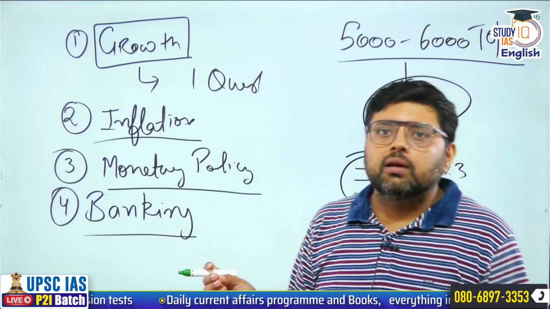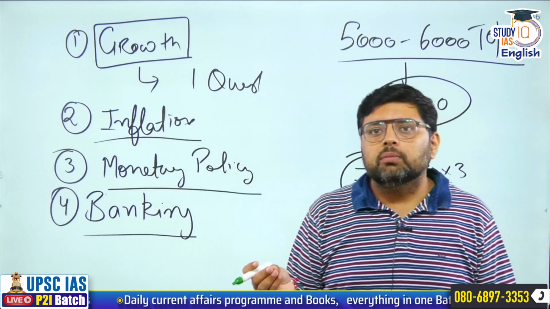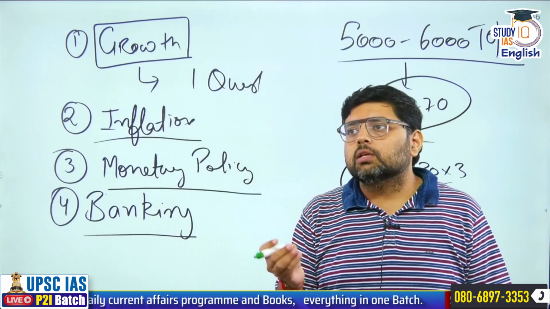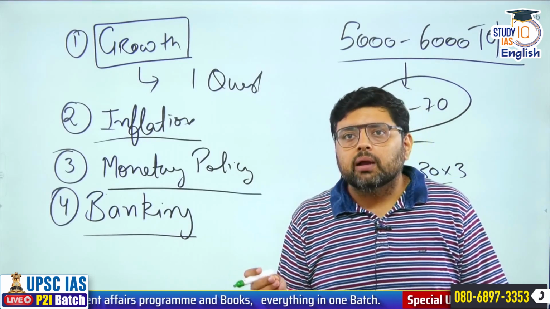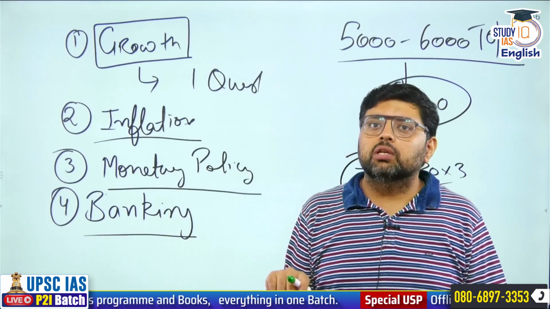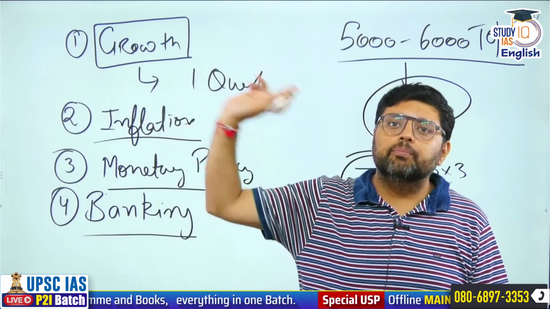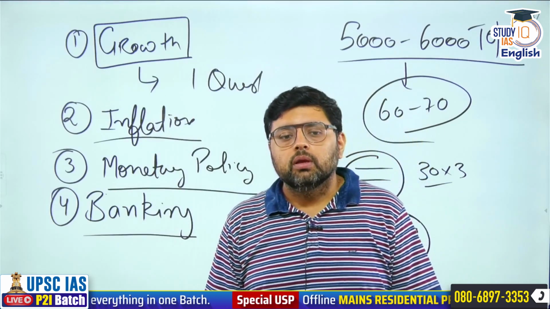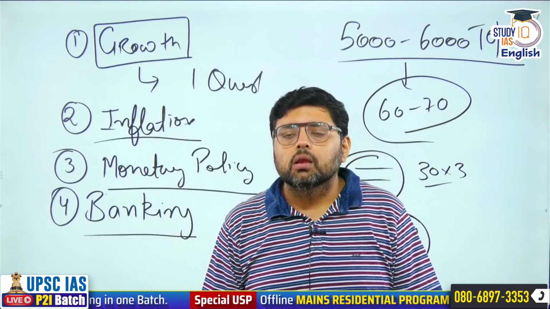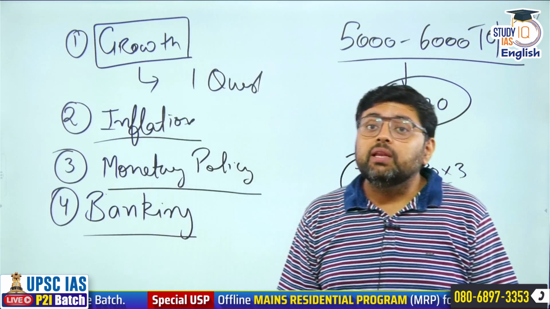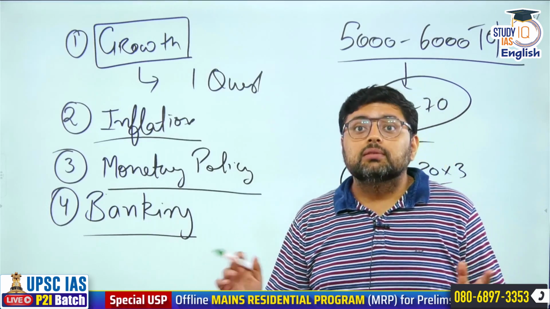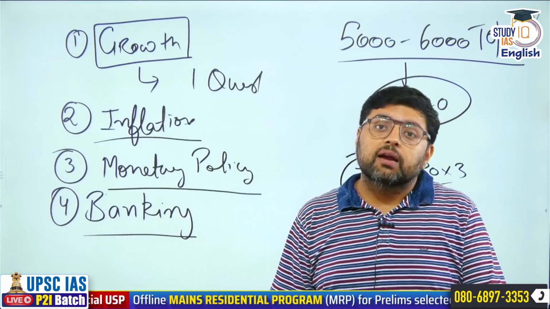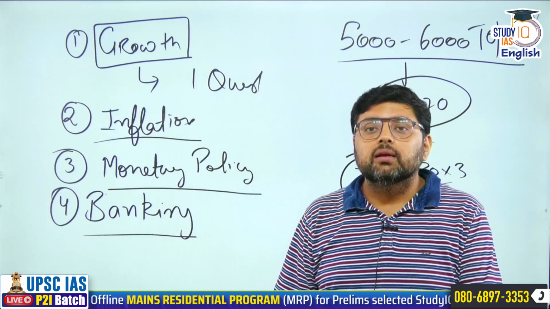Now in banking, you know there is scheduled commercial bank, small finance bank, payment bank, Mudra bank. If you see previous year questions, they have asked about small finance banks and payment banks. Similarly, why we need such banks? When we have scheduled commercial banks, why do we need these?